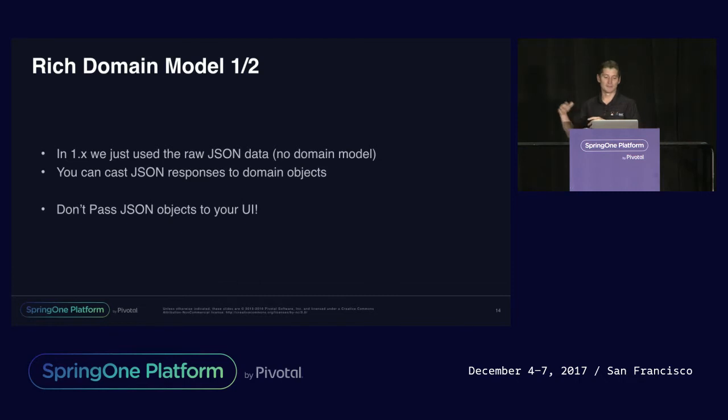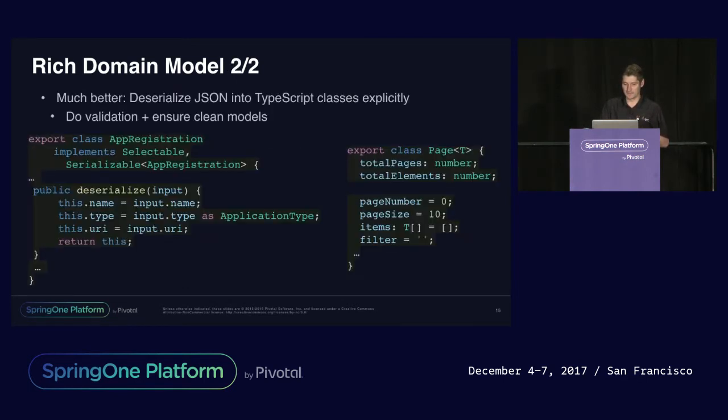You can also cast your JSON directly to your domain objects. But what we opted for instead was to create explicit domain model objects that we then deserialize into TypeScript. So each of our objects has the ability to deserialize.